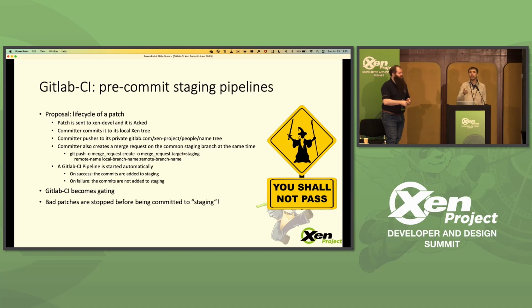On the other hand, if they fail, the committers get a notification of the failure. Effectively, what this means is GitLab-CI becomes gating. If something breaks GitLab-CI, it's not going to enter staging, unless the committers want to, of course, but not by default.